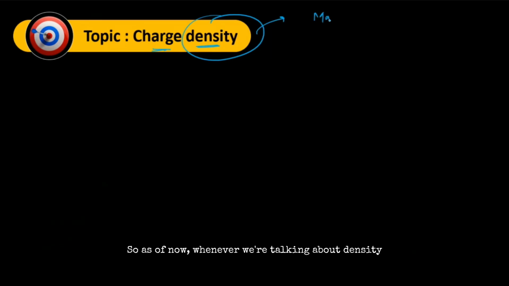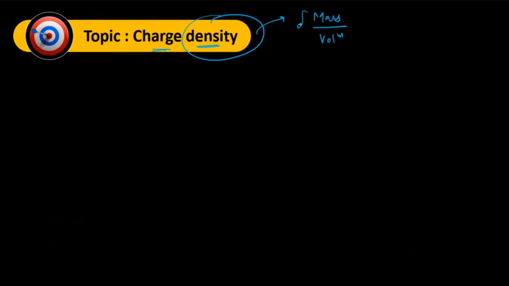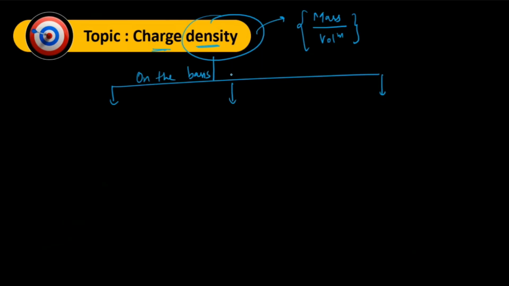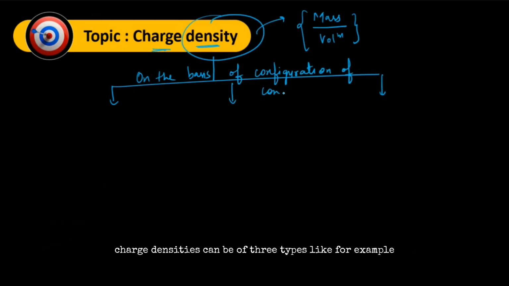Density is nothing but mass per unit volume. In case of charge density, it can be of three types, depending upon the configuration of the conductor.